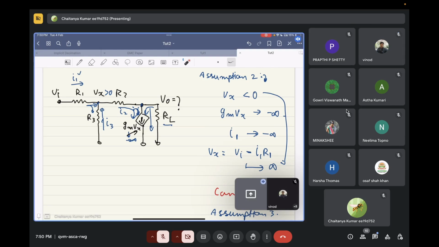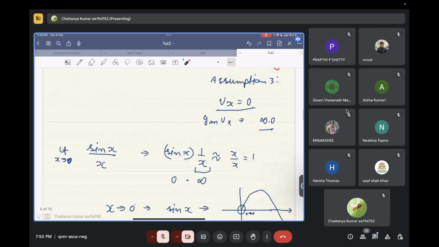Can you repeat my statement in your words? Suppose the gain of this type of circuit is going to infinity, the controlling part, that is Vx, must be zero if it is in negative feedback. Yes, if the circuit is in negative feedback and gain is going to infinity, the controlling part will be equal to zero.